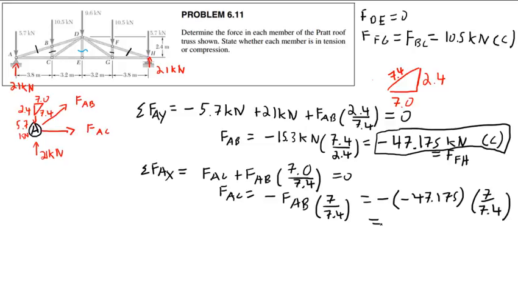And this comes to, I get 44.625 kilonewtons. And that's FAC. This is tension, which equals FGH on the other side. So we're definitely going to need another slide for this one.